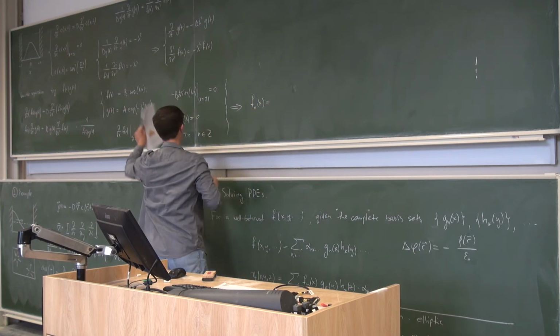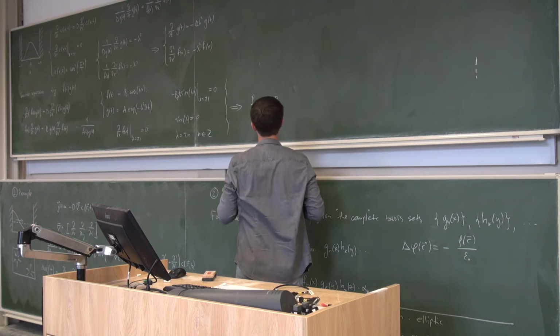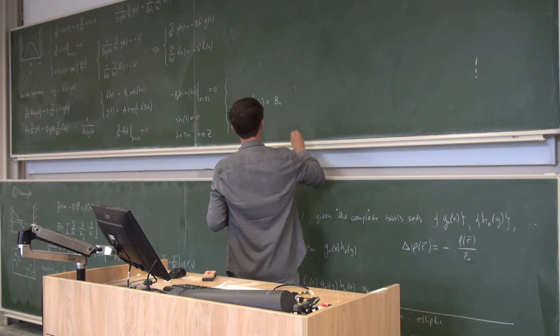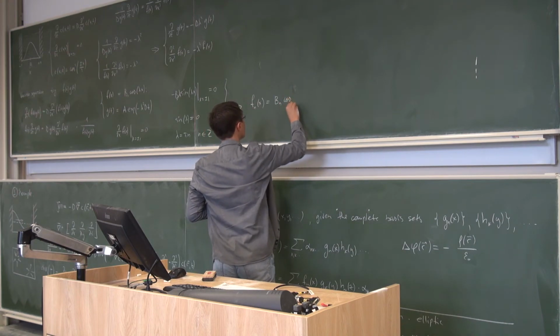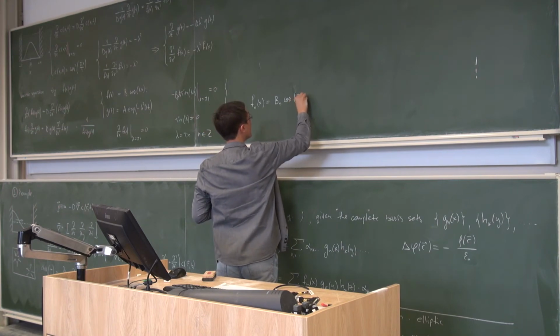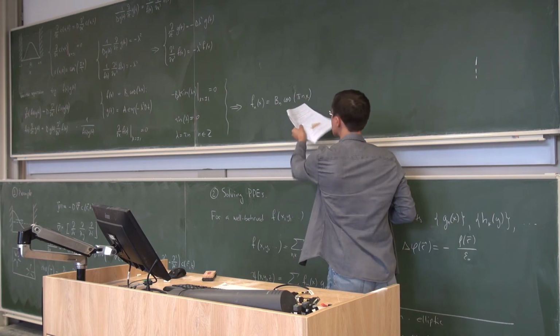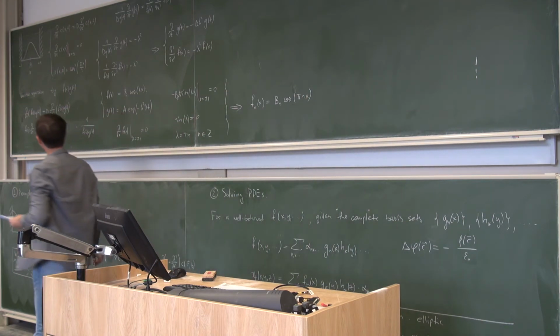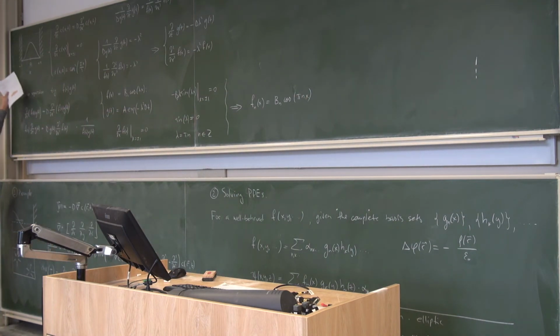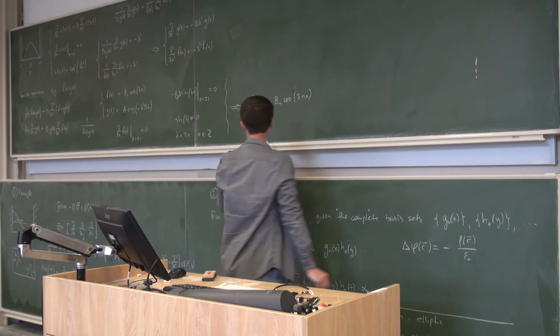That is now b1, or we can call it bn because there will be many of them, for each individual function. Cosine, where lambda is pi n, x. And if you check these functions, they are actually orthogonal on the interval -1 to 1. So through all this messy and complicated procedure, we have actually discovered the basis.